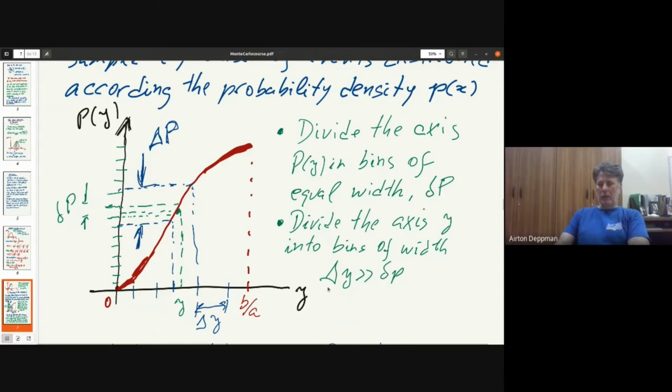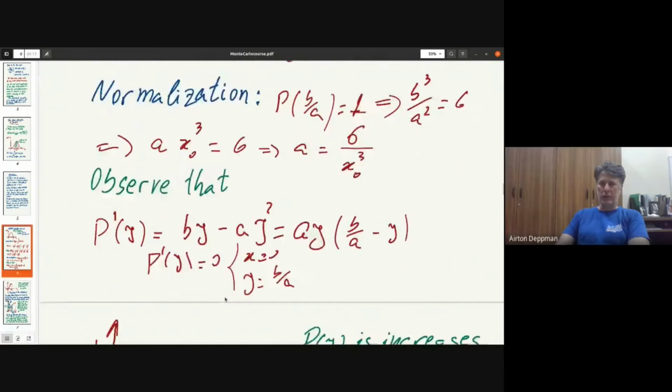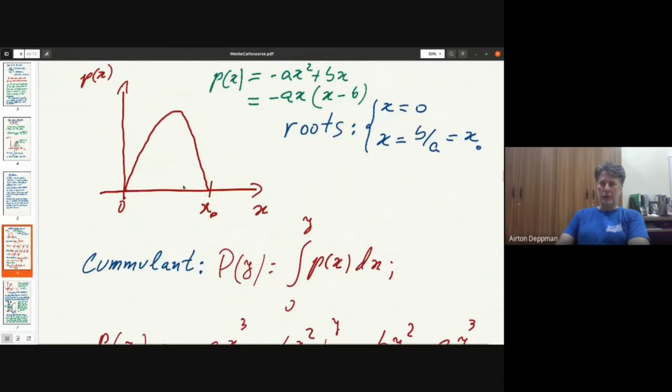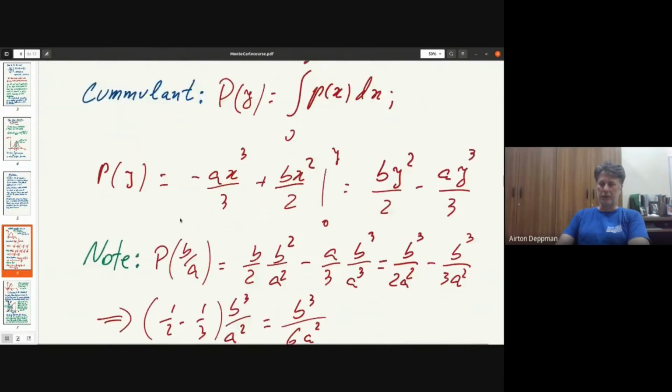So we don't need to sort in this region. We restrict the events to values of y from 0 to b over a. And this range exactly corresponds to the range 0 to x0 here for the probability distribution.